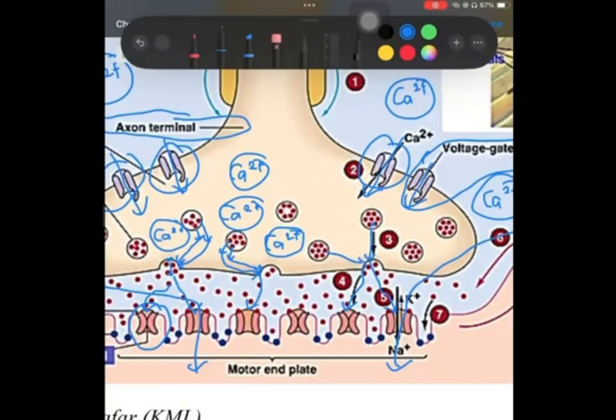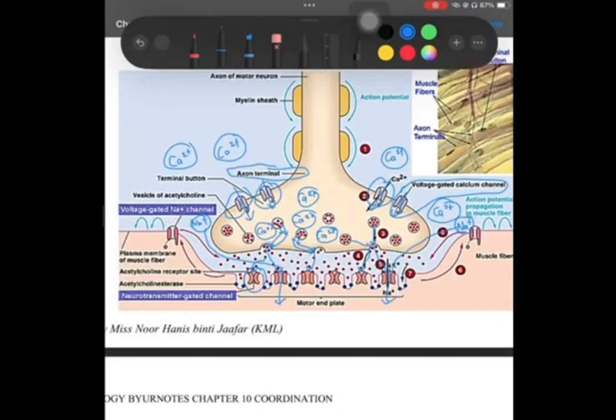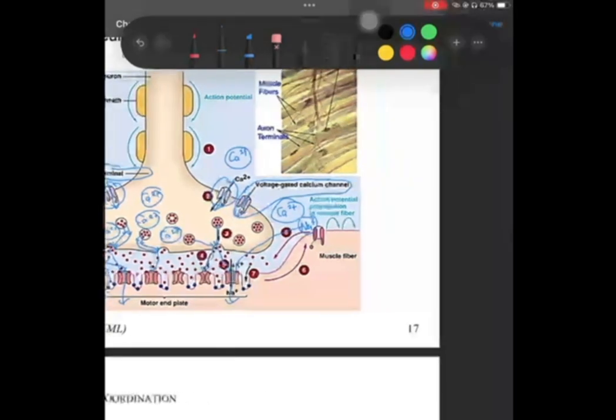This will lead to a depolarization of the muscle fiber and trigger an action potential in the muscle fiber. The action potential is propagated along the plasma membrane, as you can see right here. The action potential triggers voltage-gated calcium ion channels to open, and Ca2+ is released from the sarcoplasmic reticulum into the sarcoplasm.